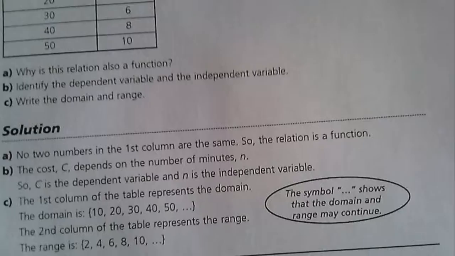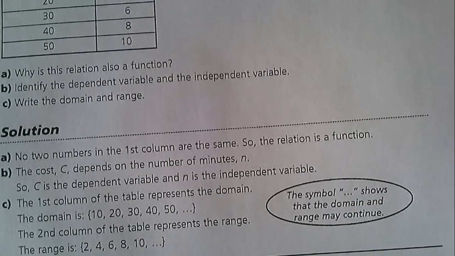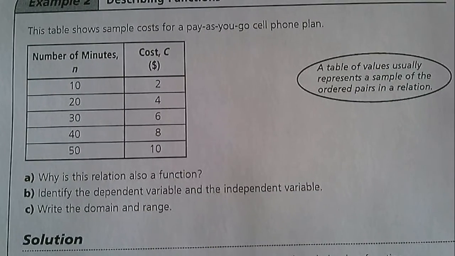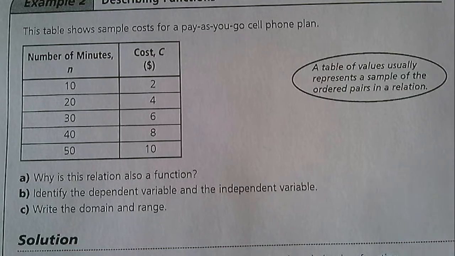So let's flip over the page and take a look at these terms again, this dependent and independent variable. So here you can see we have, again, a relation. We have number of minutes represented by a small letter n, and we have a cost represented by letter C. So in this example, it says, why is the relation also a function?